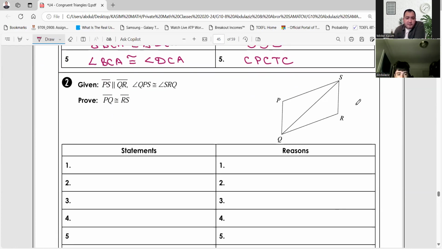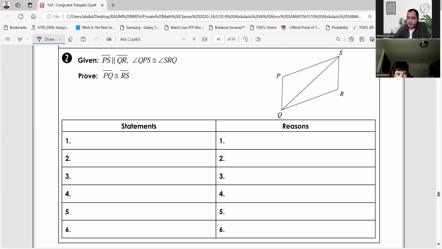Another one, for example, read the question. Given PS parallel to QR, angle QPS congruent to angle SRQ, prove side PQ congruent to side RS. First, it says that given PS is parallel to QR. Where is PS?